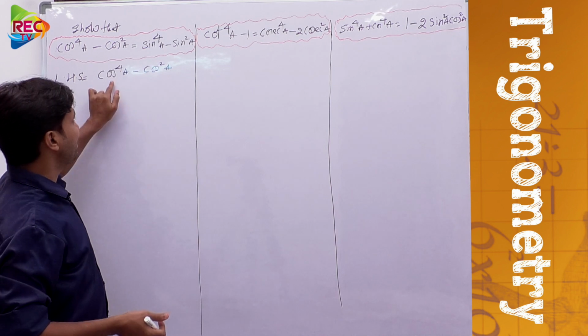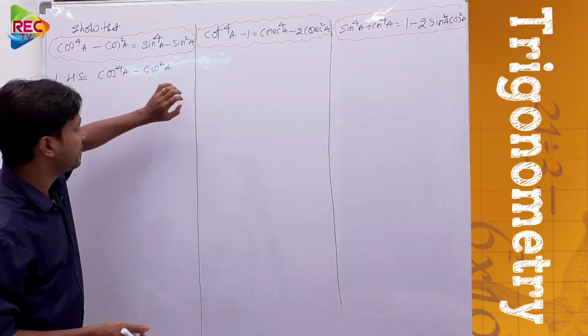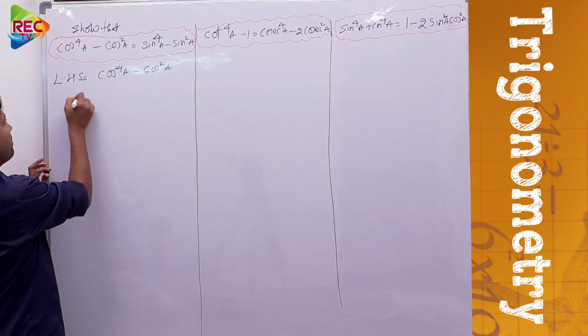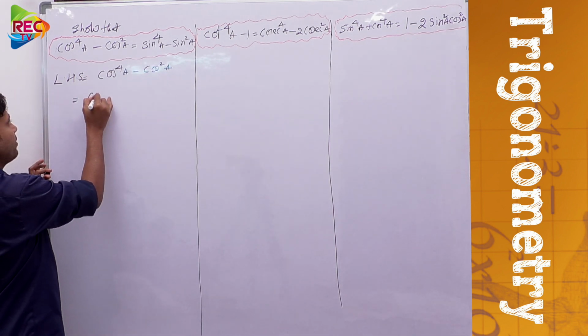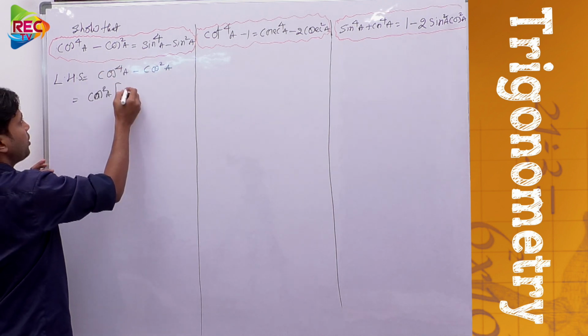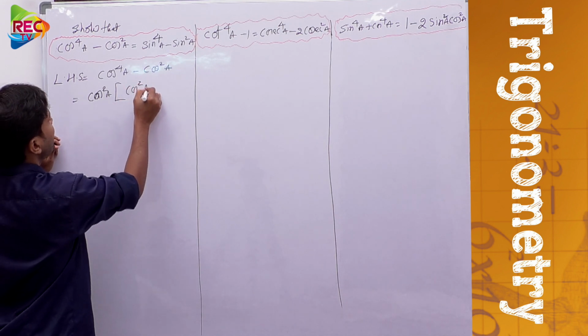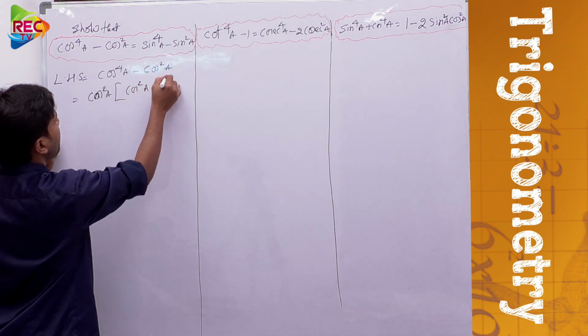Cos square a is a common factor of both the terms, or not? Let us take it common, means take that out. So cos square a was taken out. Now what is left over inside? Cos square a minus 1.